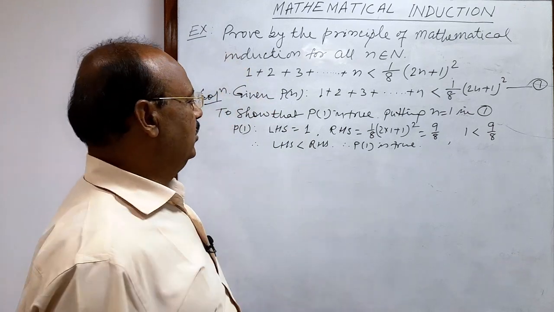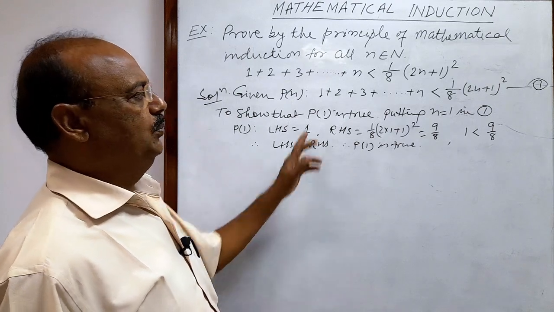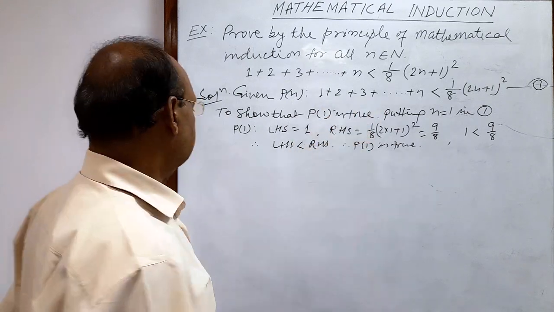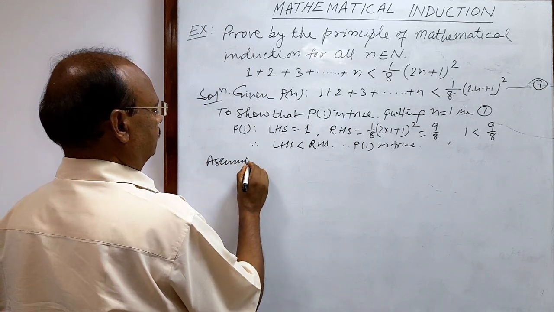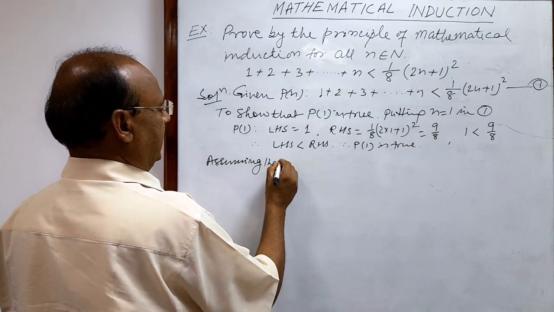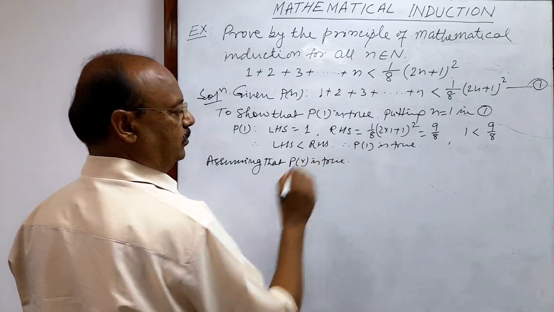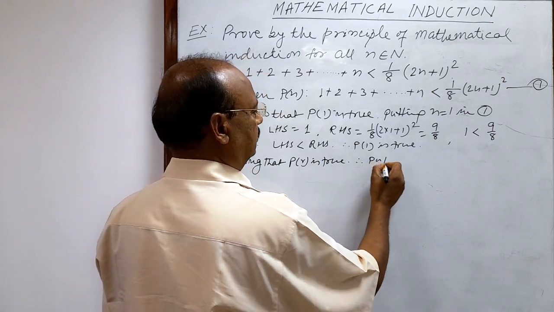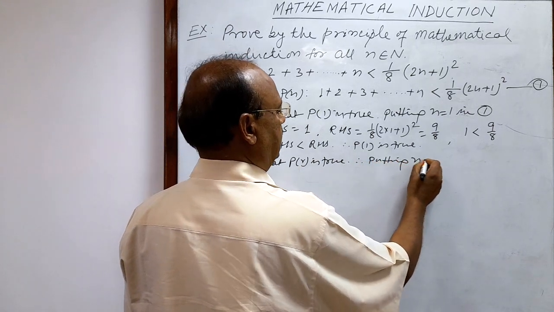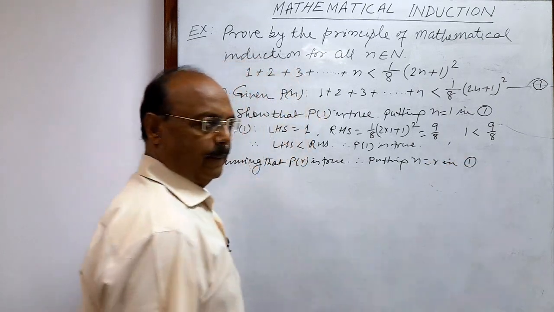Correct? Now we will come to the second step where we will assume that Pr is true. So assuming that Pr is true, you will get Pr by putting n equal to r in relation number 1.